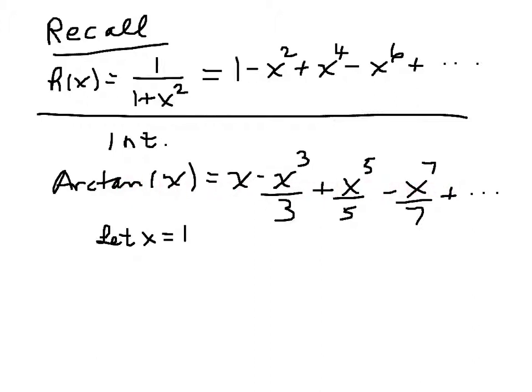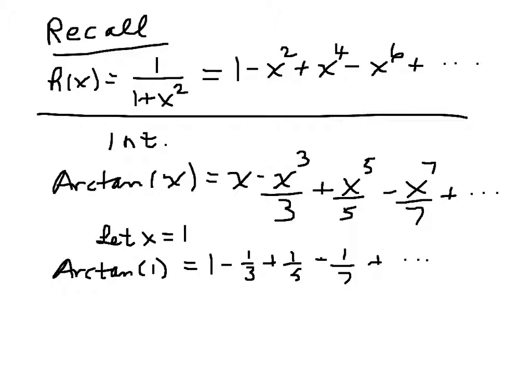Well, if we let x equal 1, what we get is the arctan of 1, which should mean something to you, is 1 minus a third plus 1/5 minus a 7th, and so on. And what does the arctan of 1 equal? What's the angle whose tan is 1? Well, that's pi over 4.